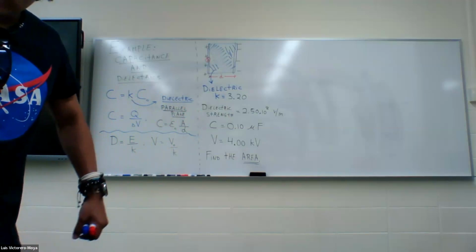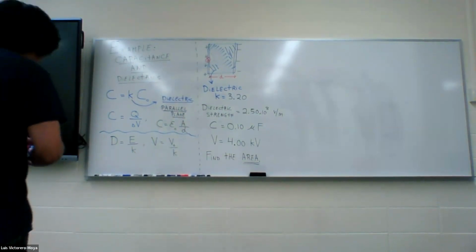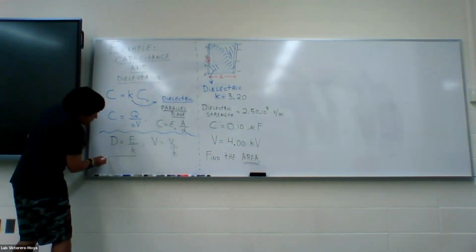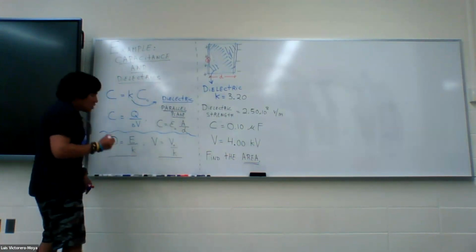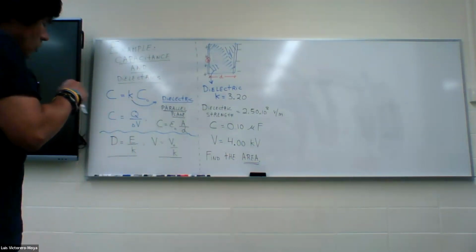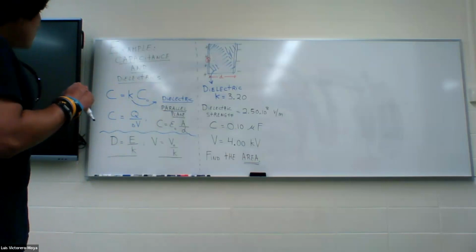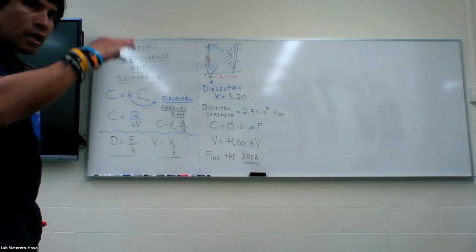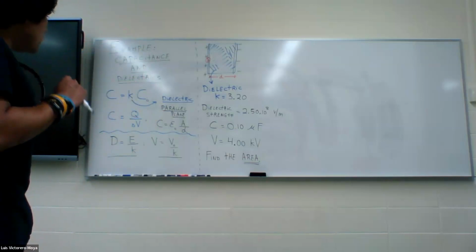Now the two additional equations are the dielectric strength and the voltage. When you introduce a dielectric, the electric field and the voltage are lower, right? They are reduced.